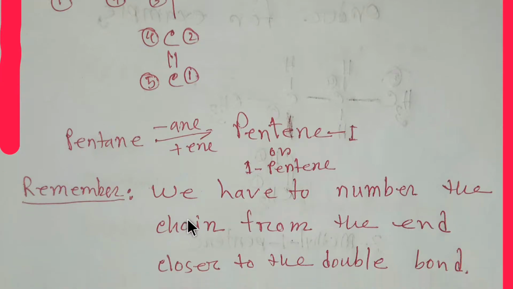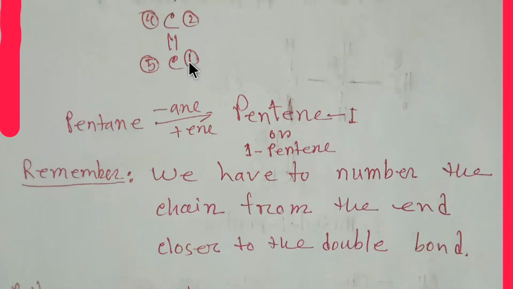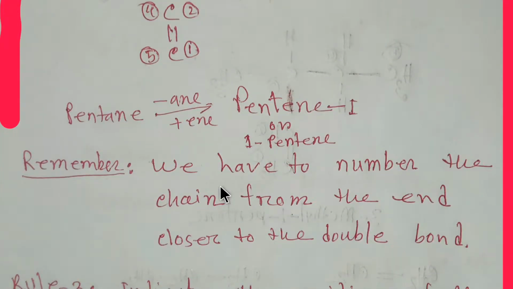Be aware and remember, we have to number the chain from the end closer to the double bond. We have to express the double bond at the lowest possible number. So this is the main theme. Already we have learned it.